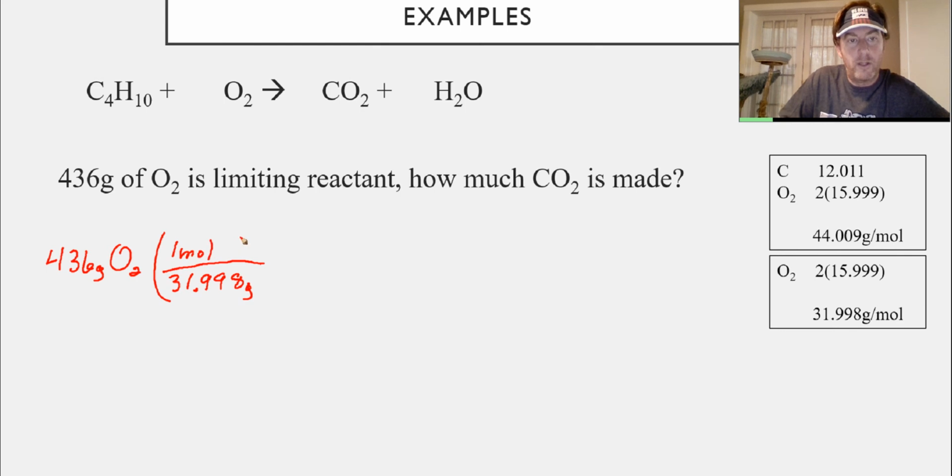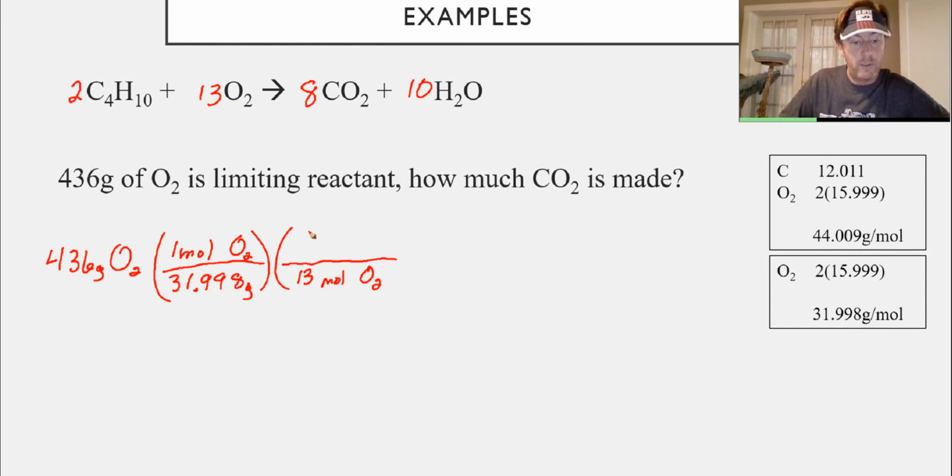For 1 mole of O2. And now we look at our molar ratios. Oh, and remember, I didn't put that up there. We have 2, 13, 8, and 10. So for every 13 moles of O2, I have this ratio now. I get 8 moles of CO2.